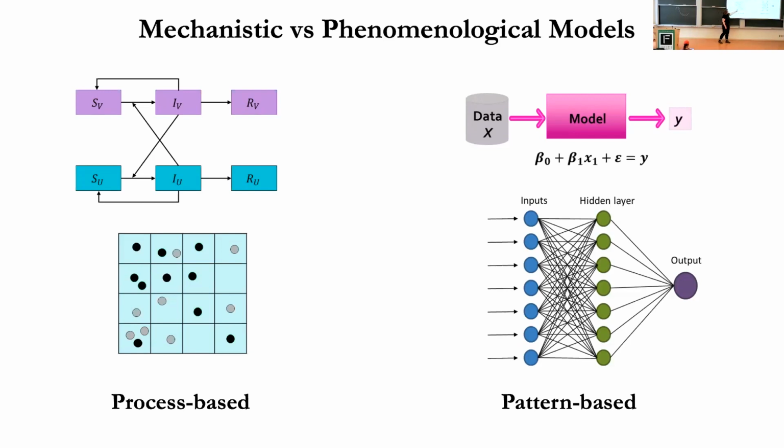Here we have a representation of perhaps a spatial model, an individual-based model with some spatial component where we're looking at individuals, maybe how they move in a planar space over time, but there's some rules governing that movement, for example. Or we have these pattern-based models, which can be as simple as a linear regression, or as complicated as a neural network, right? It's almost like a black box where we don't really understand what's going on or how, but we have some output that we could look at predictions from.